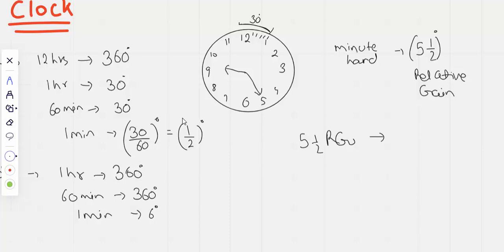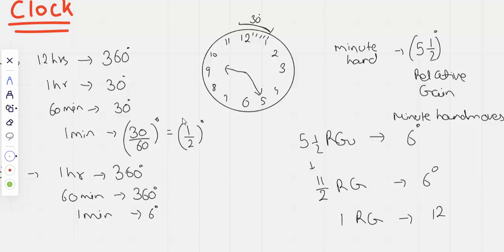In order to get the 5.5 relative gain, the minute hand has to move 6 degrees. We can write this also as 11/2. For a relative gain of 11/2, the minute hand has to go 6 degrees. So for a relative gain of 1, the minute hand has to go 12/11 degrees.